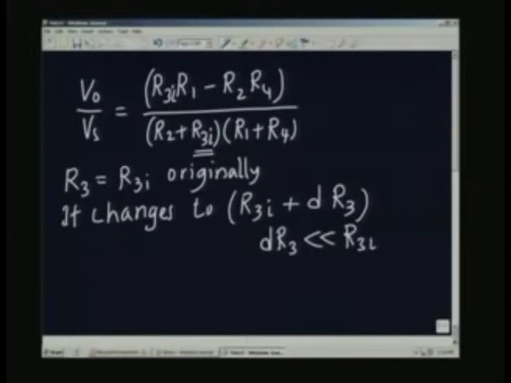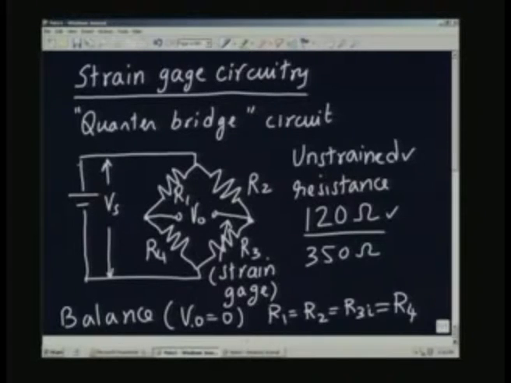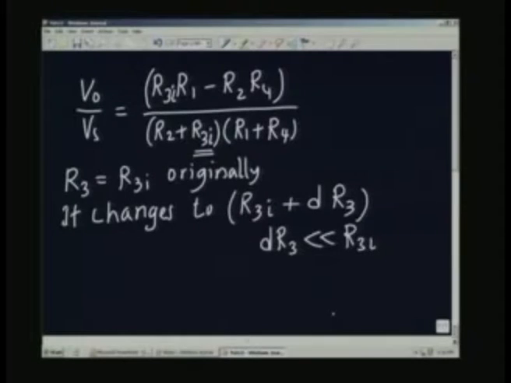And also in the previous page we have indicated that R1 equal to R2 equal to R3I equal to R4. So, we will impose that condition in this case. The numerator was R3I R1 minus R2 R4.